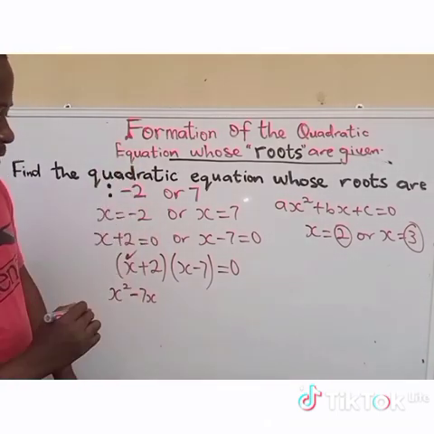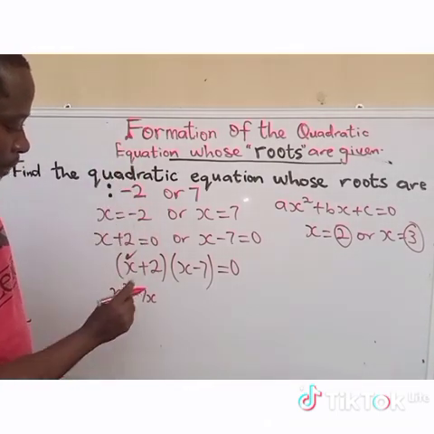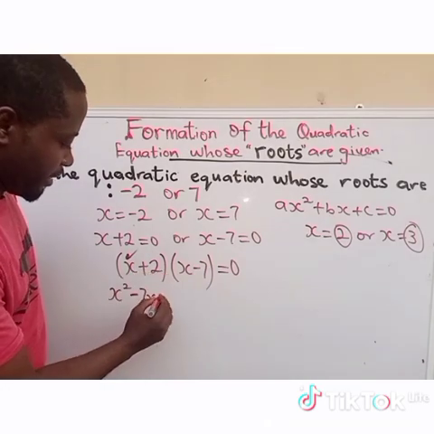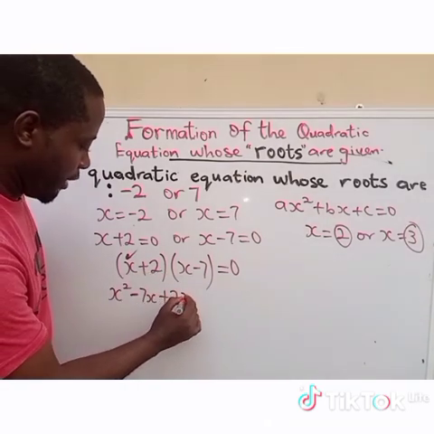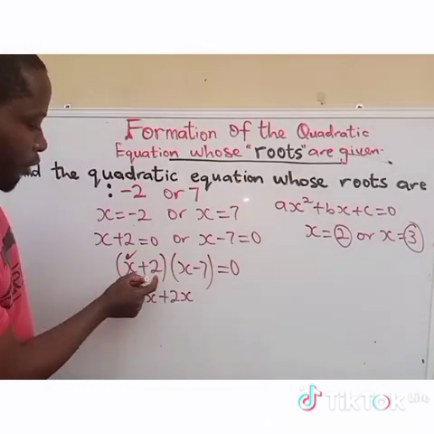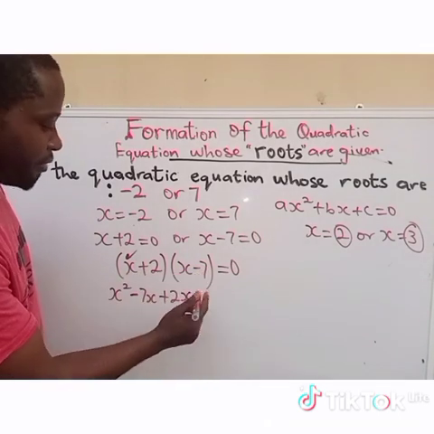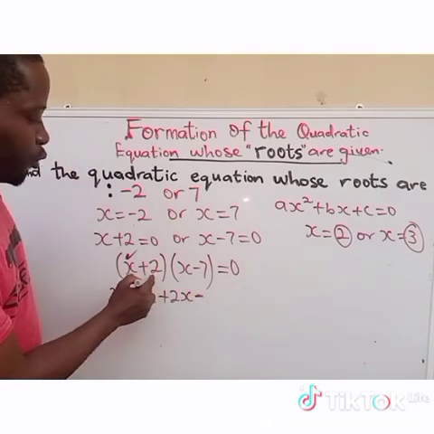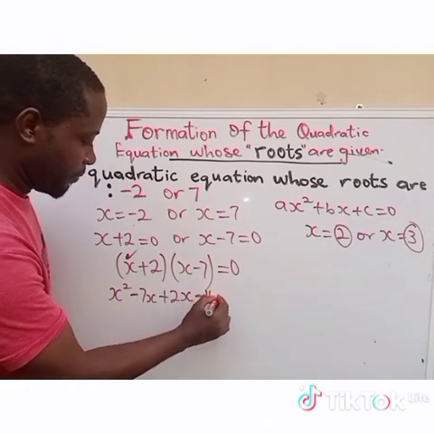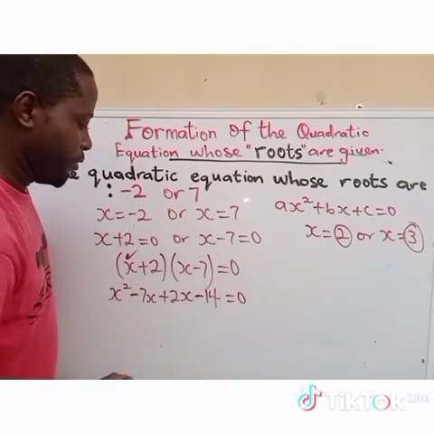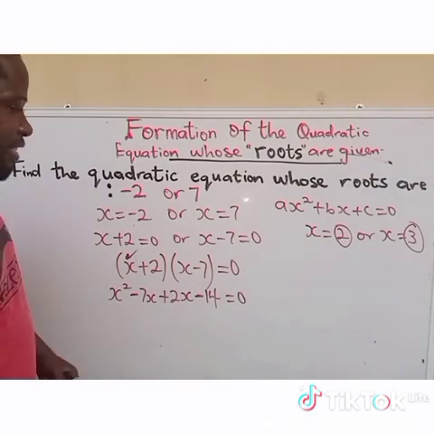We move on to plus 2. Plus 2 multiplied by x, we are going to have plus 2x. Then plus 2 multiplied by minus 7, that's plus times minus, minus 2 times 7, 14, equals to 0.